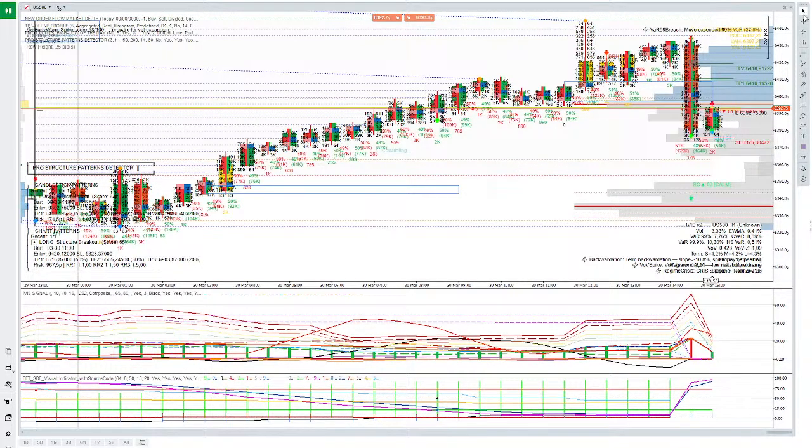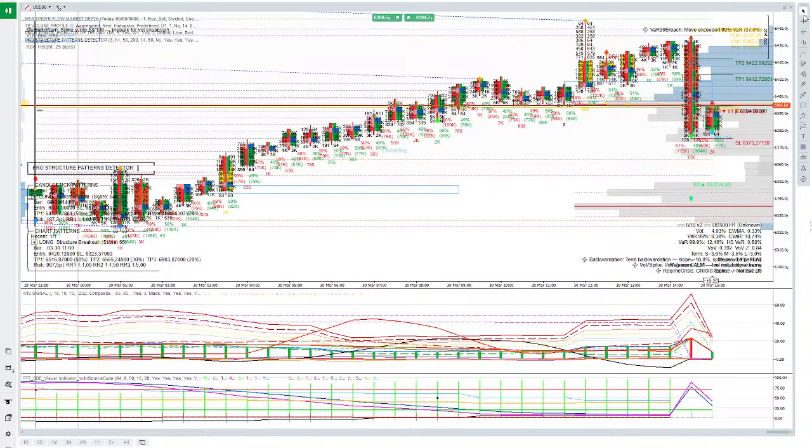Okay, I got it back to the point of control. The order flow is negative 2K, so there are more sellers than buyers. We are testing the point of control and volume profile, and I'm not going to go long.